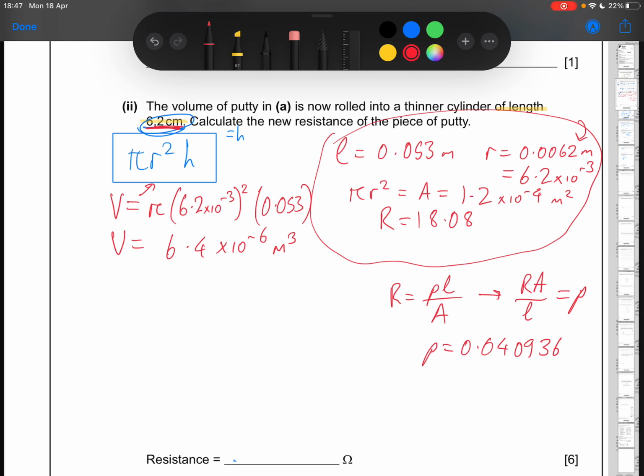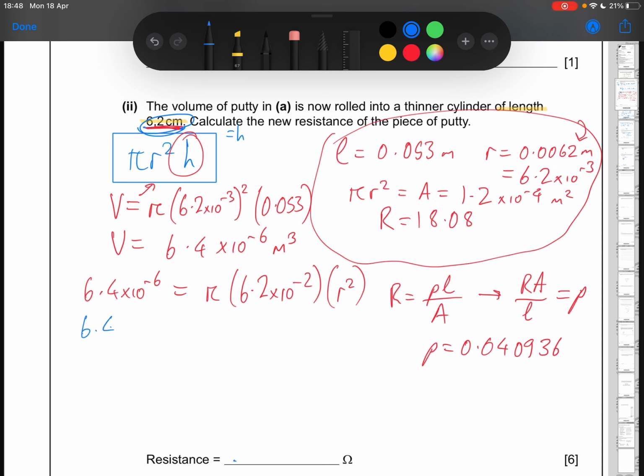Okay, so working this out now for a new value of h being 6.2 centimeters, we've got 6.4 times 10 to the minus 6 is equal to pi times 6.2 times 10 to the minus 2 times r squared. So we need to find our value for r so that we can get our cross-sectional area. I'm going to go into blue now just to show that we're doing the new one and differentiate between that and the old putty.